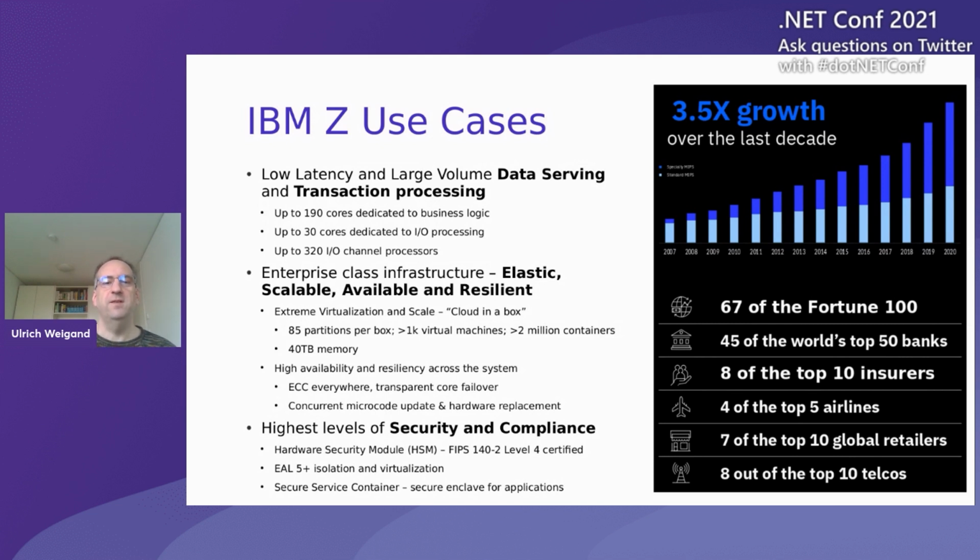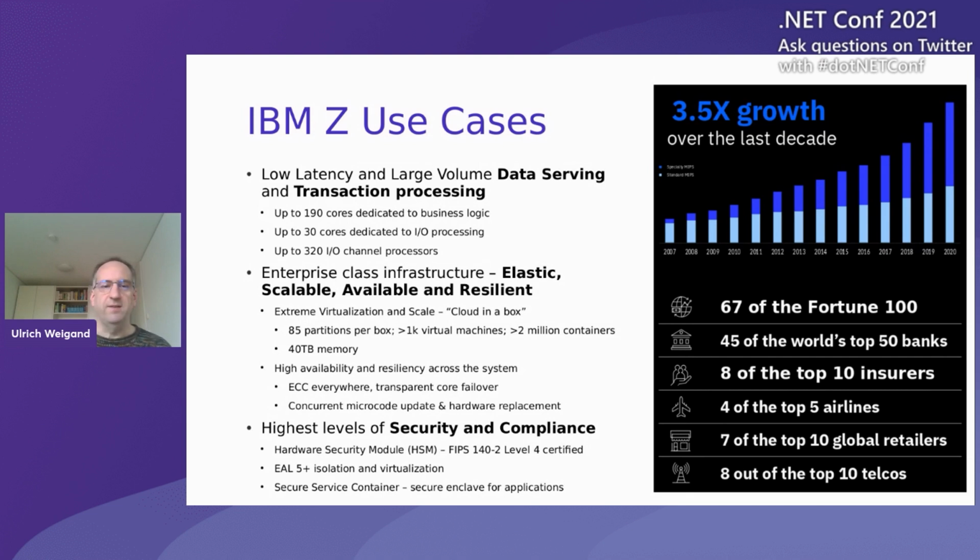So the first is it has been really designed from the ground up over many, many years as a platform for large-scale data serving and transaction processing, and that you can see in the large number of I/O channels with dedicated logic that offload all the data processing from the main processors, which run the business logic.